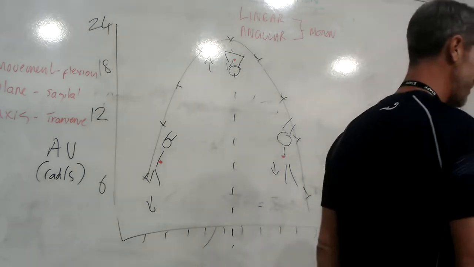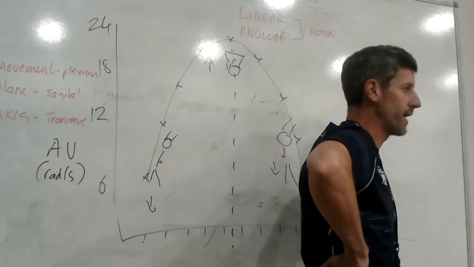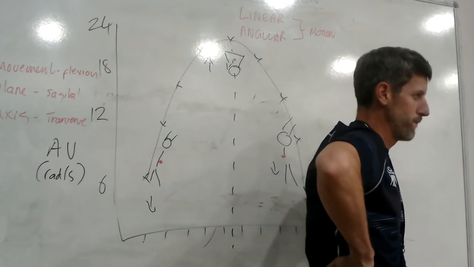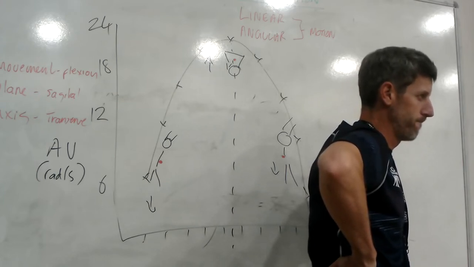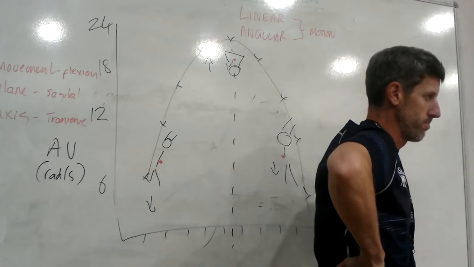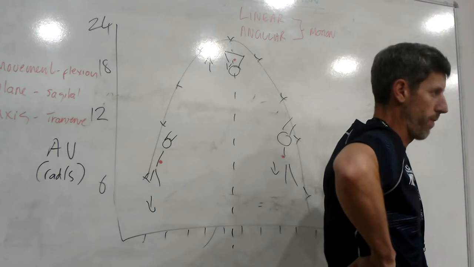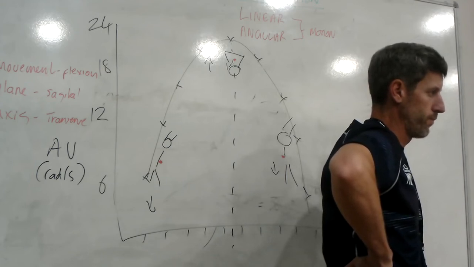Jack, quick challenge for you, who's looking a bit bored. Tell me, without looking at the book, how do you calculate the moment of inertia? It was measured in kilogram meters squared.